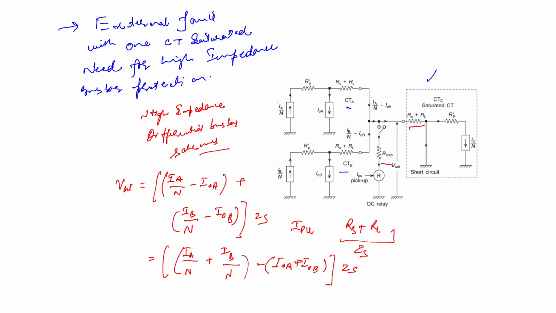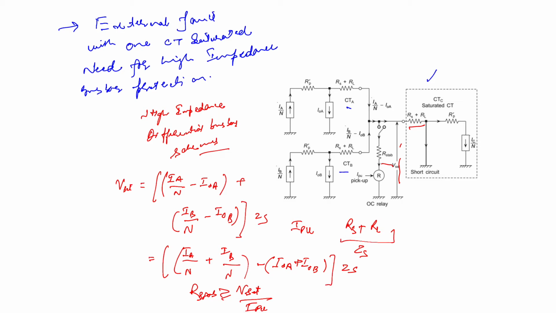This is the V set, that is the voltage across this stabilizing resistance. Now, in order that under this condition the current through the relay will be less than or equal to the pickup value I per unit, we will have the relation that R stabilizing should be greater than or equal to V set divided by I per unit.